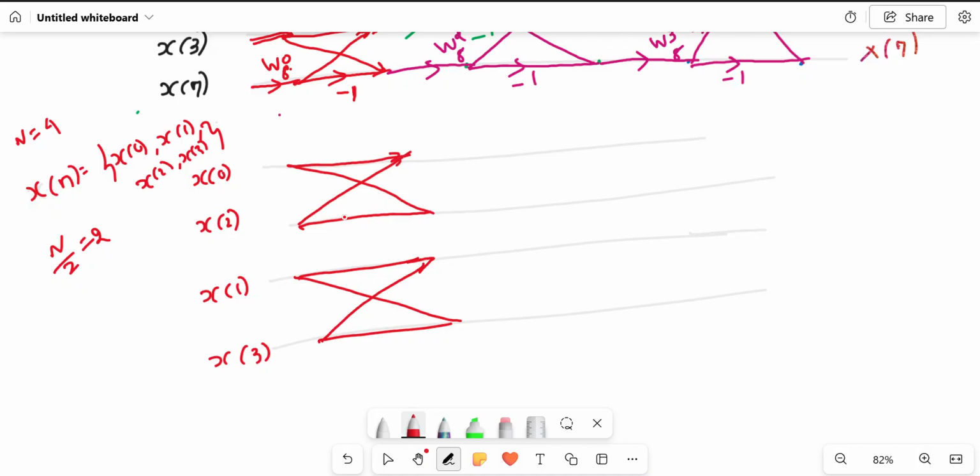Minus 1, so the lower wing should be minus 1.